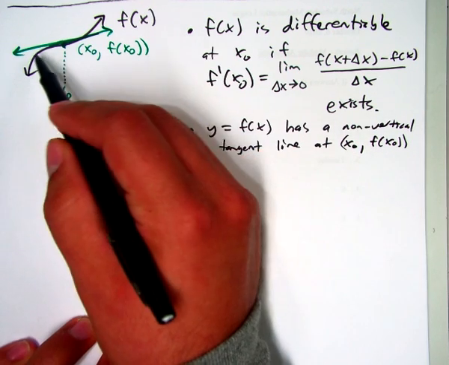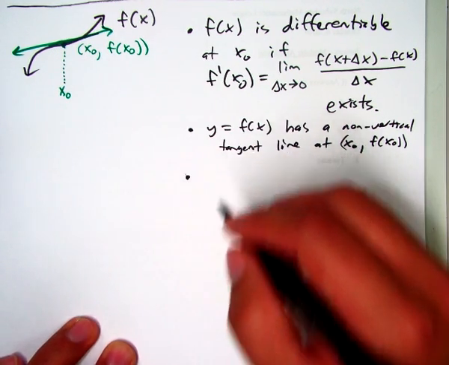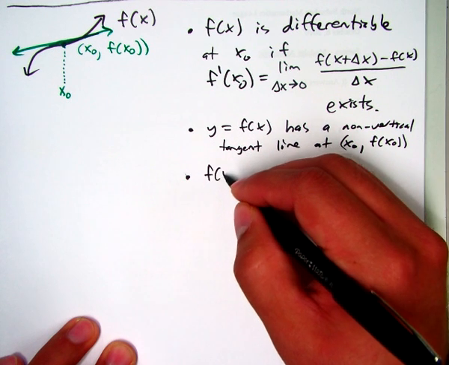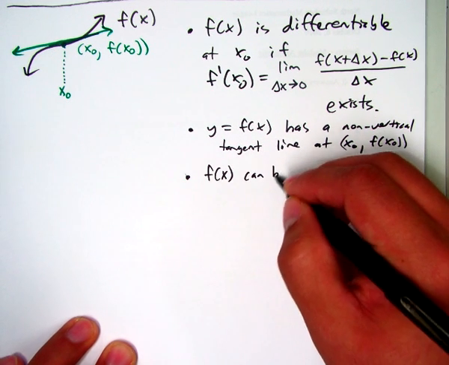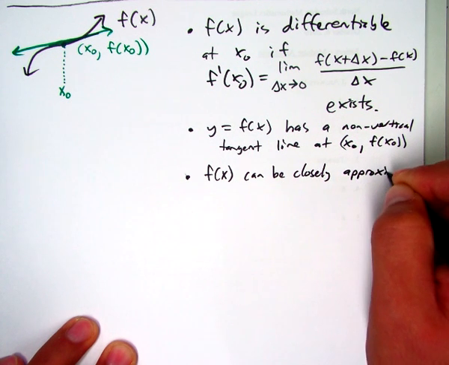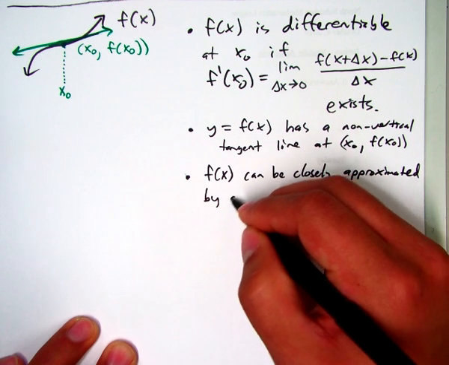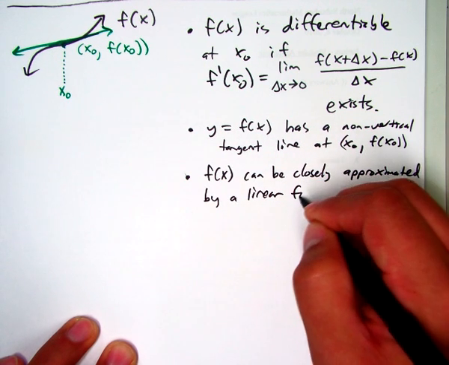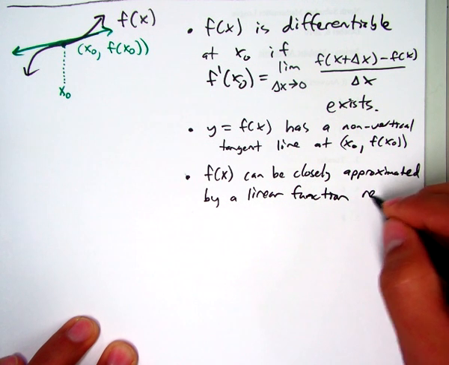Because of this tangent line, and you can see from the picture, we say that f of x can be closely approximated by a linear function near x naught.